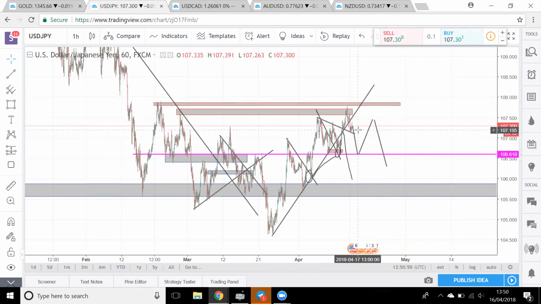But if we get what we want, so if we get a nice drop now, which I like, yeah, I like this drop. I think we're going to drop now. We should drop down, and then from here we'll pick back up to gain some liquidity.